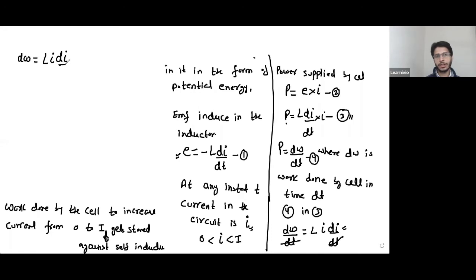So to change current by an amount di, the work that needs to be done is dW. dW is the work done by the cell to change current by di.